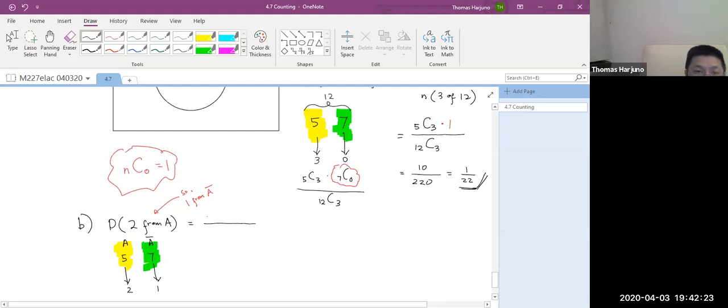There will be 5 combination 2, I usually say 5 choose 2. And then how many ways can I select 1 not from A? 7 choose 1. Over how many total ways I can select 3 items from these 12? That's 12 choose 3. Then this will be 10 times 7 over 220. That's 7 over 22.